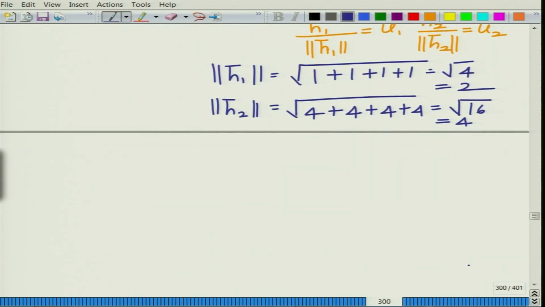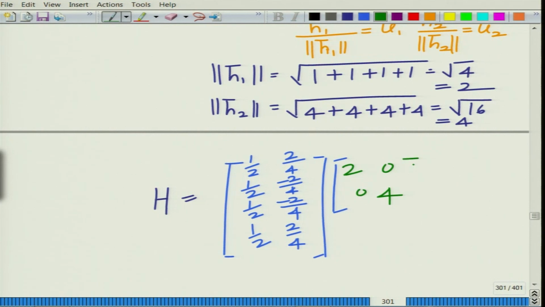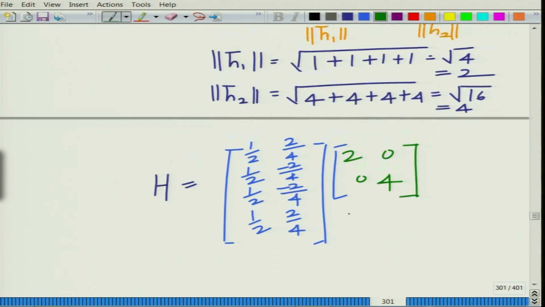Therefore, I can write H after normalizing the columns as 1 divided by 2, 1 divided by 2, 1 divided by 2, 1 divided by 2, 2 divided by 4, minus 2 divided by 4, minus 2 divided by 4, 2 divided by 4, times the diagonal matrix, where the first column is multiplied by the norm 2 and the second column by the norm 4.